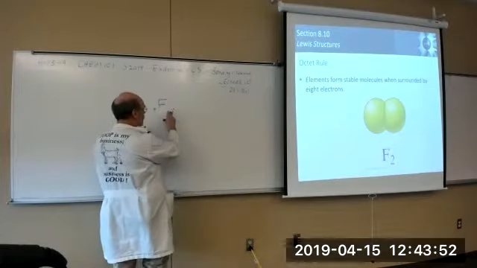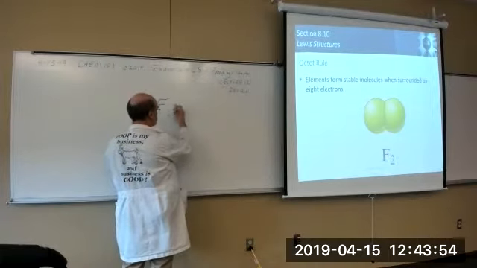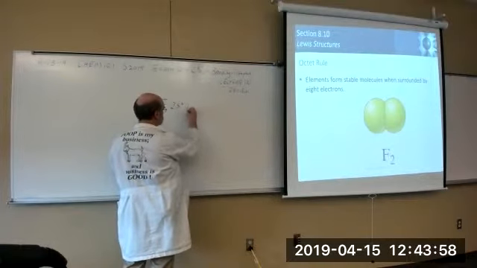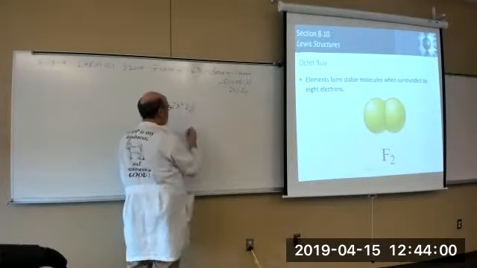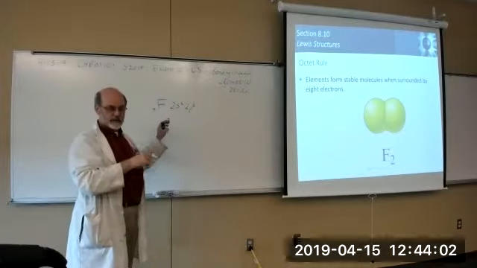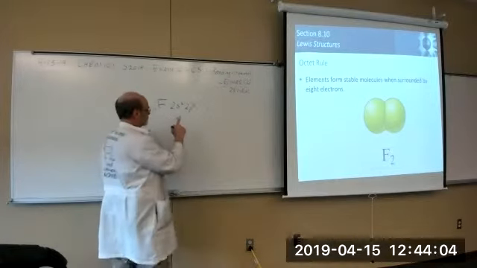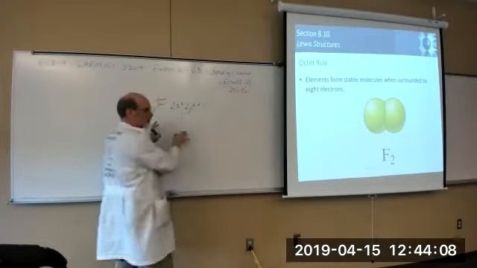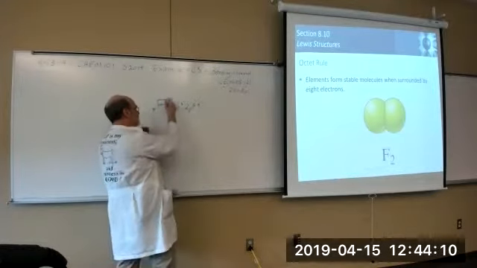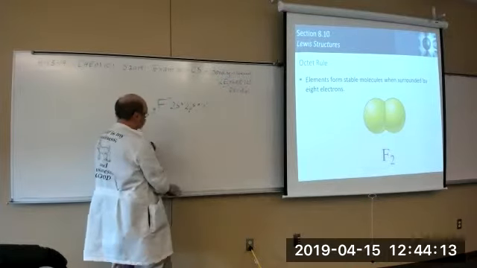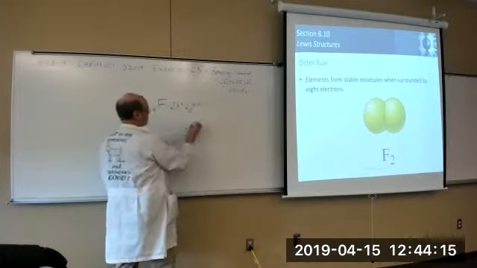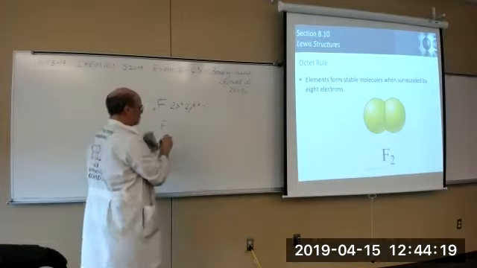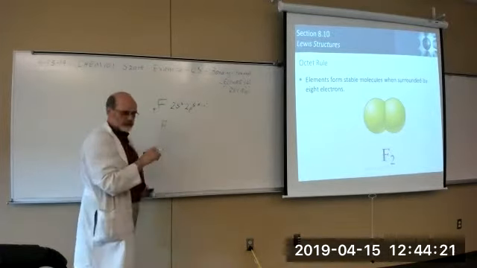So the octet for fluorine would be 2s2, 2p5 is where it starts. It wants 1 electron. So if it can get an electron in here, then it has a complete shell, but that makes the fluorine excess 1 electron. So if you have 2 of them, how many electrons do you have in the valence shell?